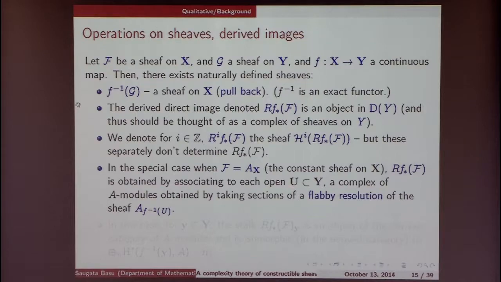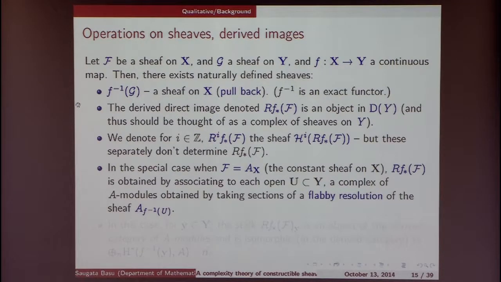You can think of it as associating to each open U a complex of A-modules, where you take some kind of Godement resolution of A restricted to f inverse U and apply the global section functor. So that's going to be a big sheaf of complexes.